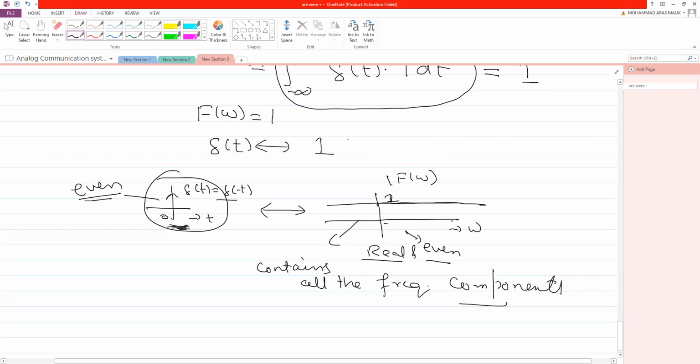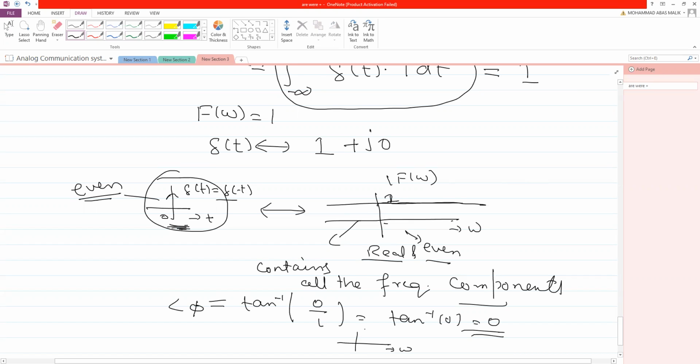What about phase? Because you can say this is equal to 1 plus j0. Then this phi will be equal to tan inverse of b by a. b is 0, so 0 by 1. That's tan inverse of 0, which is equal to 0. So its phase value will be 0.